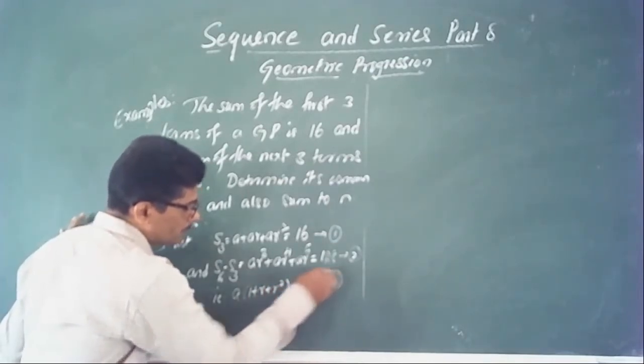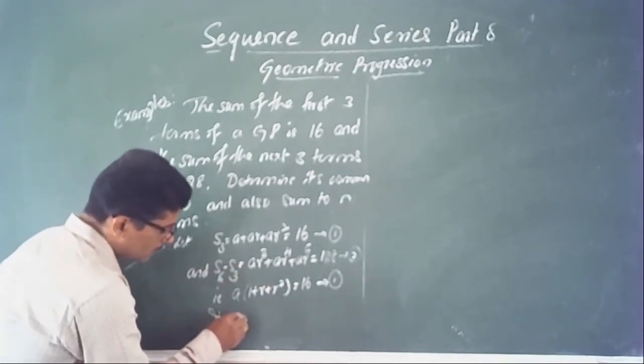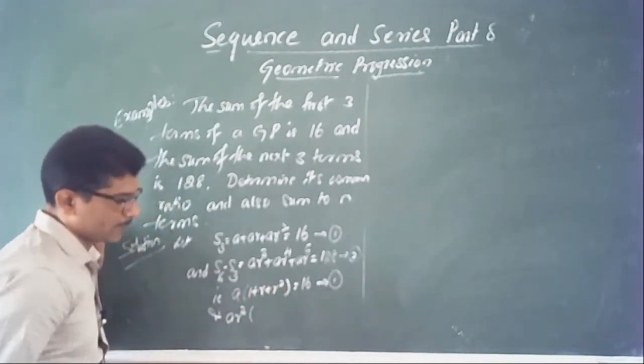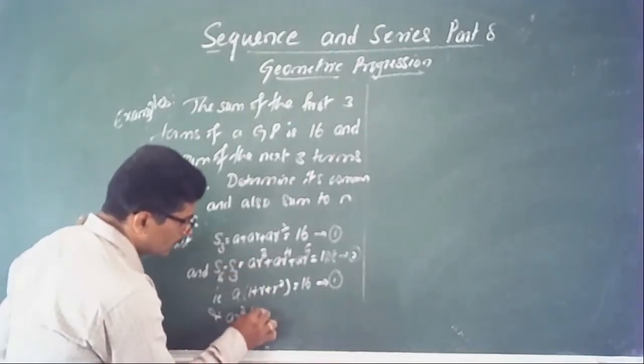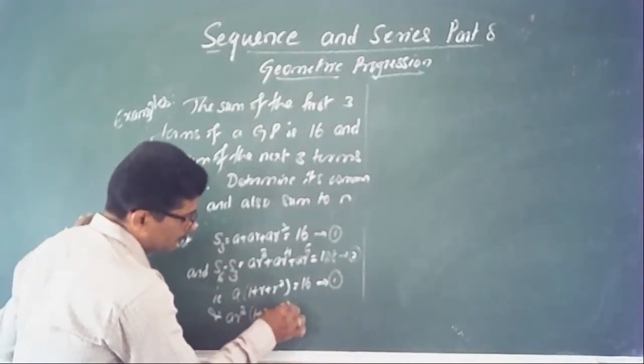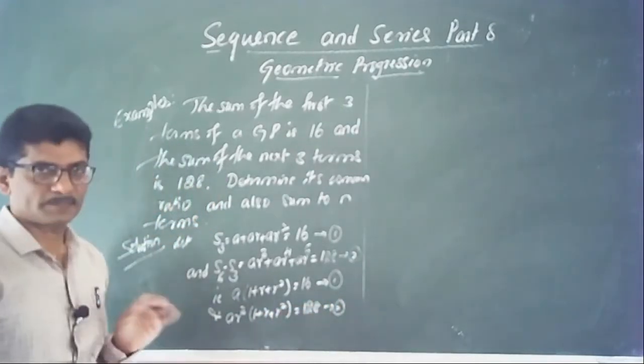This is the first equation. And taking ar cube as common, you get ar cube into 1 plus r plus r square is equal to 128. That is the second equation.